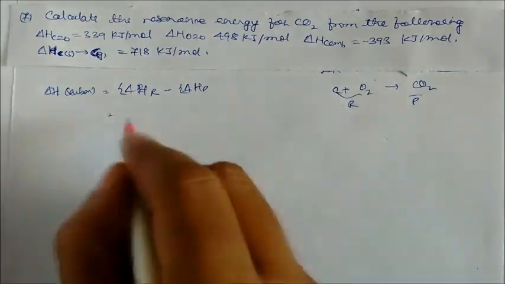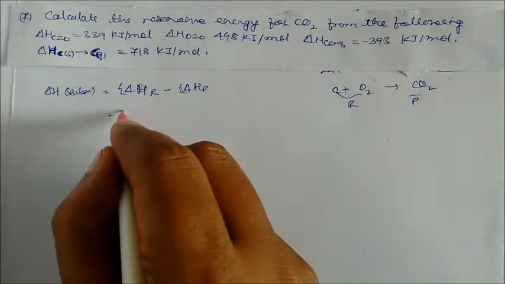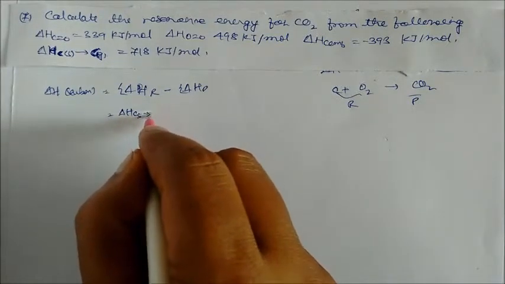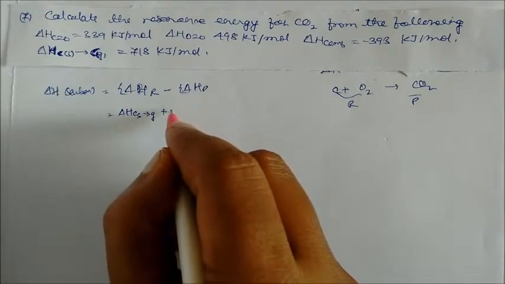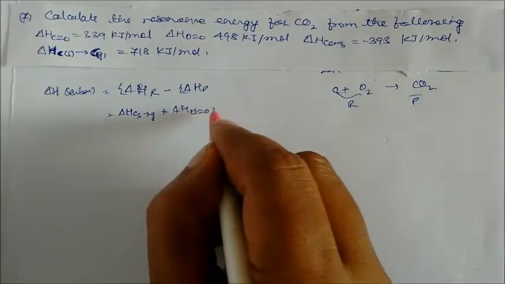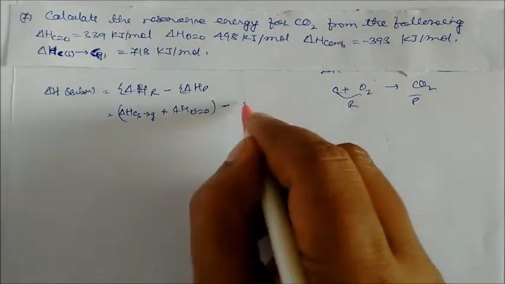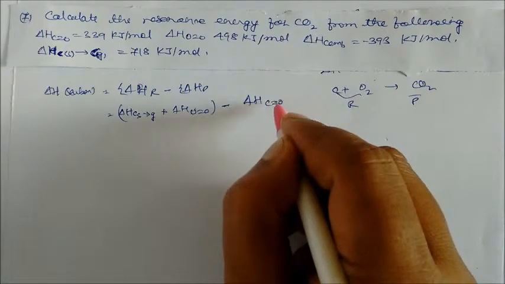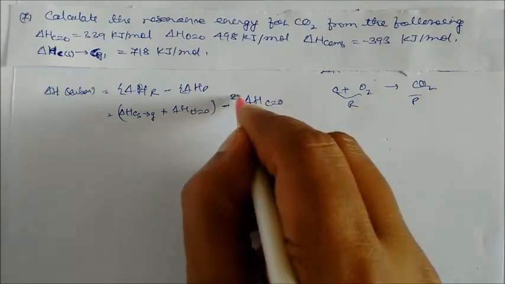Carbon is converting from solid to gaseous state, plus next is the bond energy of the oxygen. This is the reactant, and minus the bond energy of the carbon dioxide. So this is 2 into carbon dioxide.